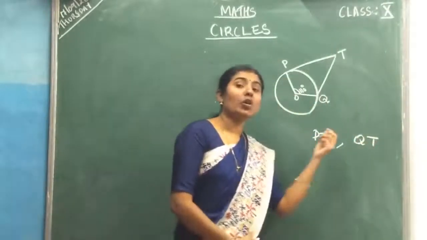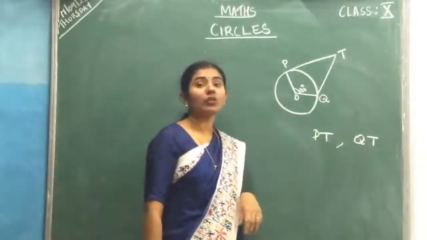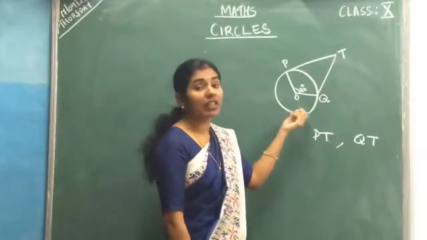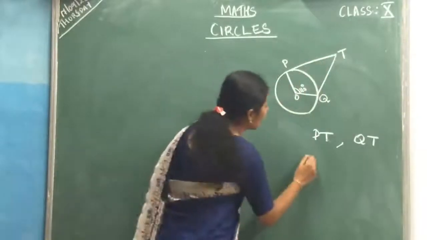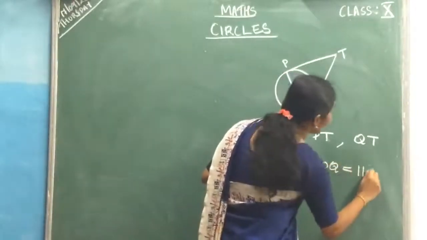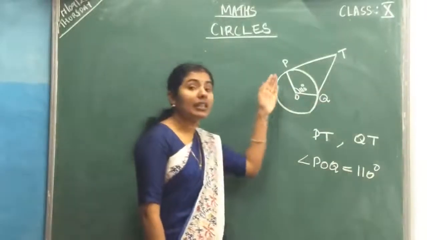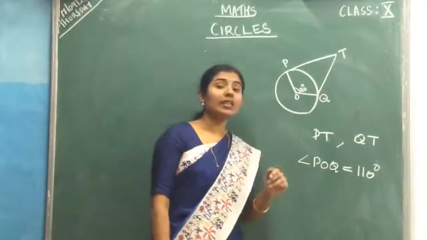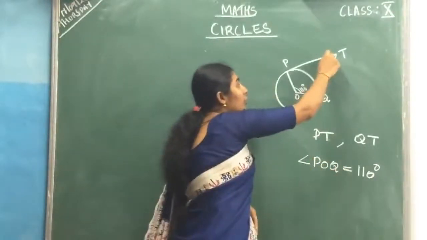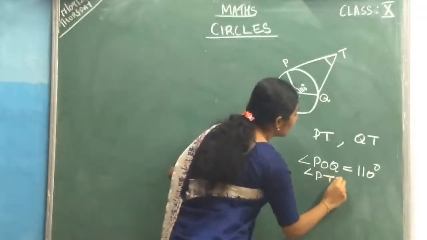PT and QT both are tangents, and these two tangents are drawn from the point T. They have given one angle: angle POQ is 110 degree. So you want to find angle PTQ.